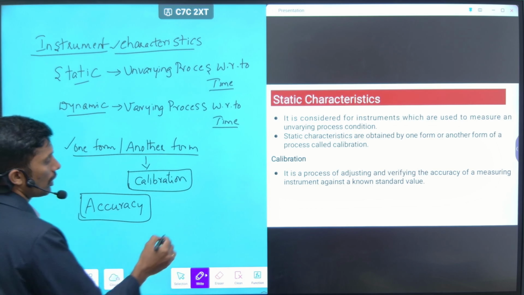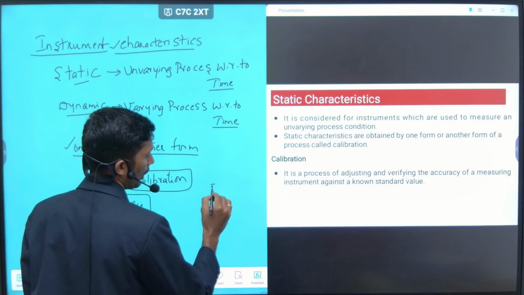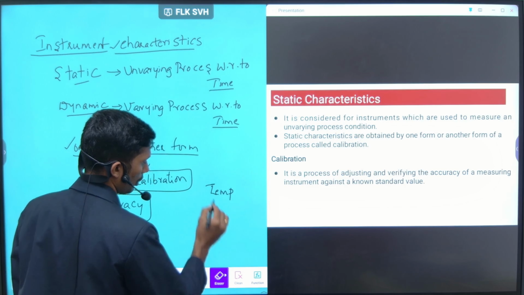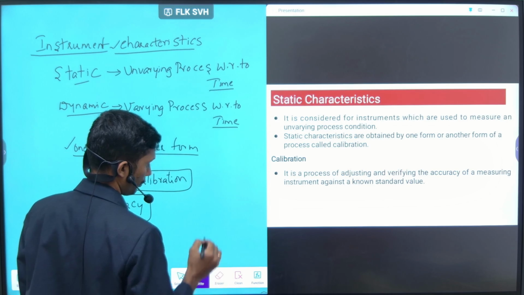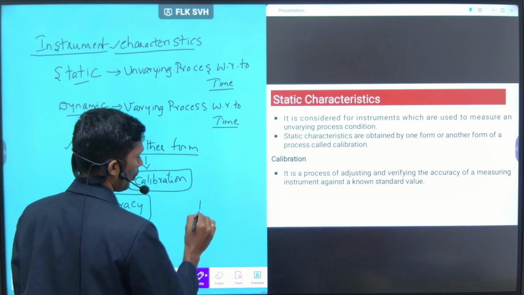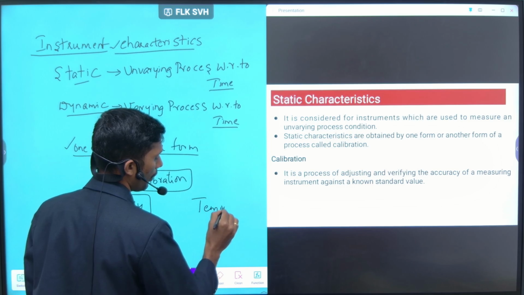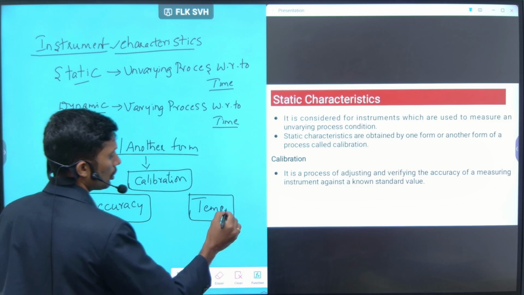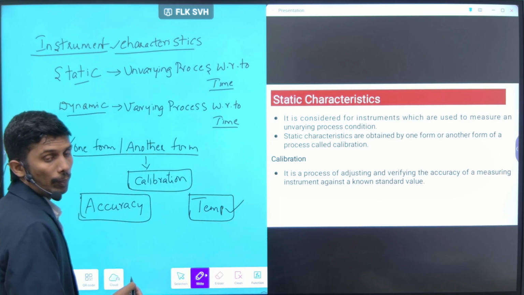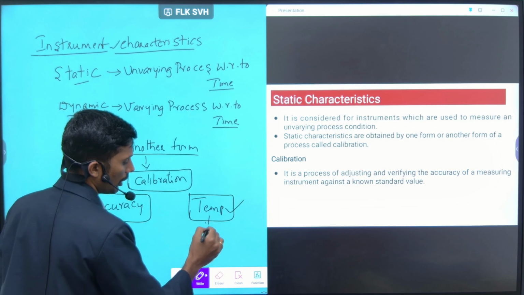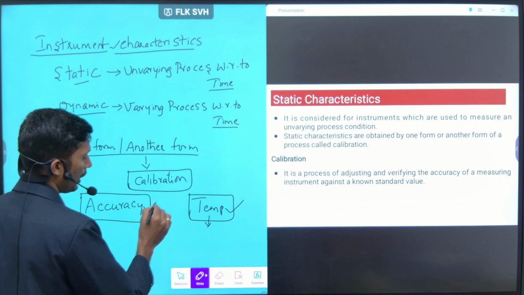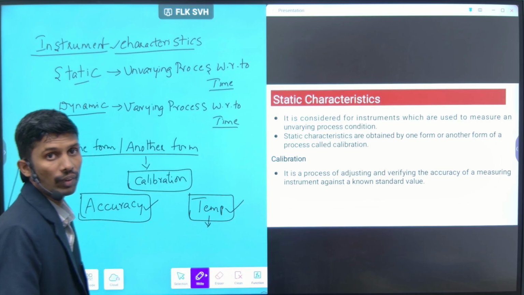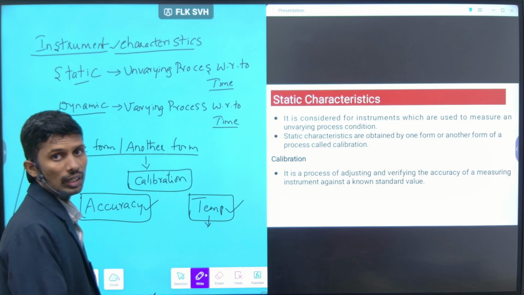Whatever physical parameter you measure, if the measurement appearing at the final output device is an accurate value, then only that instrument is a perfect instrument for measuring the quantity.